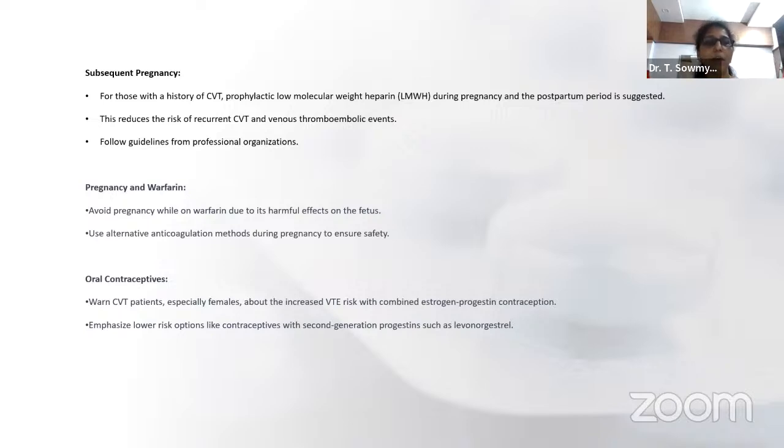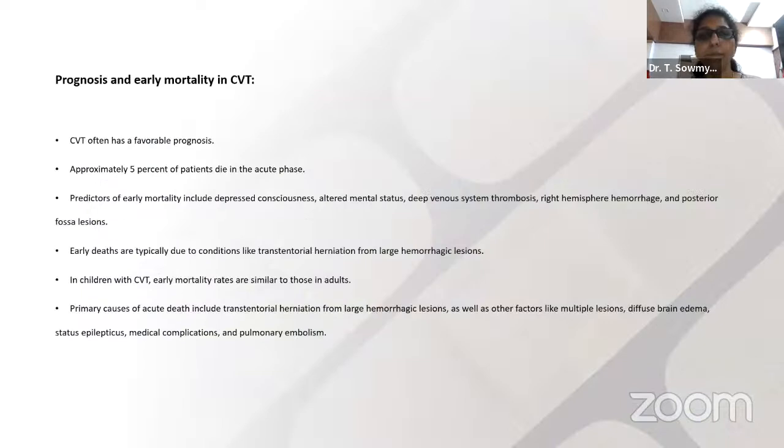And avoid warfarin during pregnancy. And regarding oral contraceptives, warn female CVT patients about the increased risk of venous thromboembolic episodes and recurrence of CVT. Emphasize lower risk options like contraceptives with second generation progestins, like levonorgestrel.